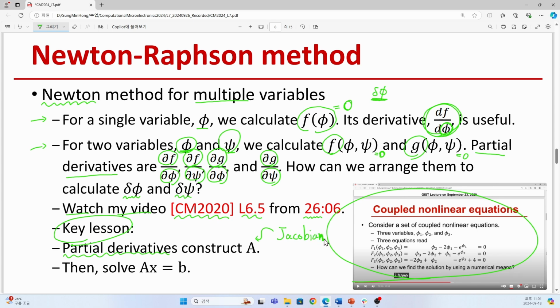By constructing this Jacobian matrix and this residue vector, which is nothing but the collection of our function values, and then solving this matrix equation, we can get the x vector which contains all these delta quantities, the update for our unknown variables.